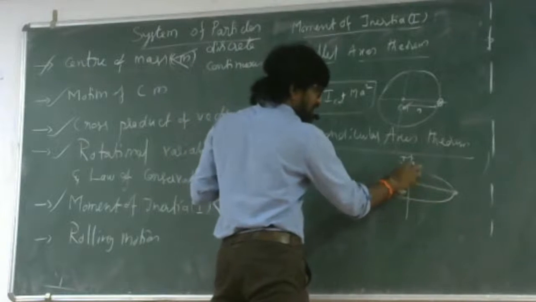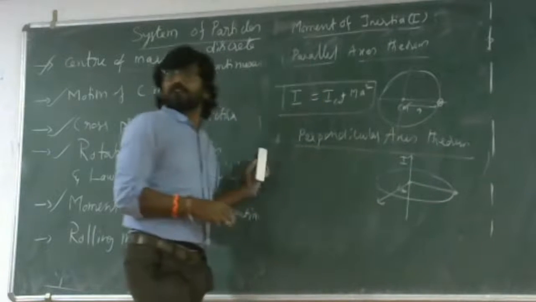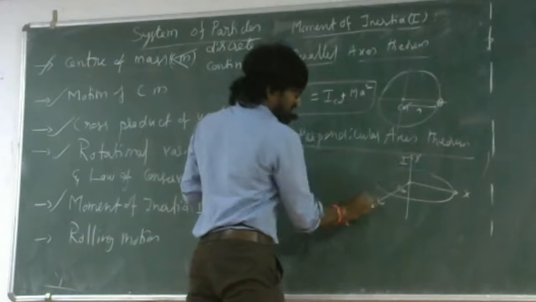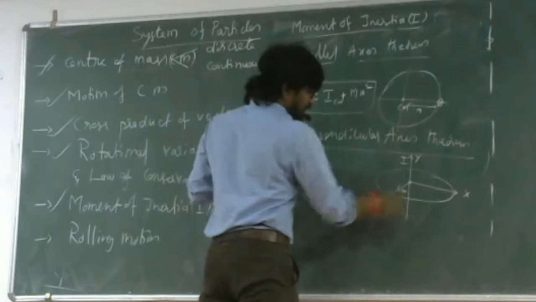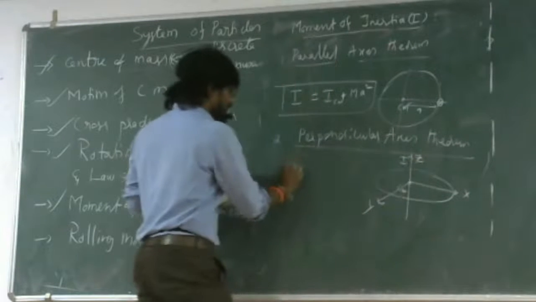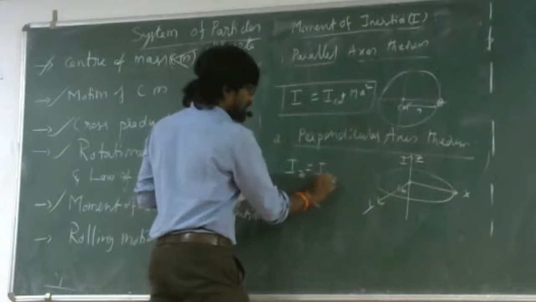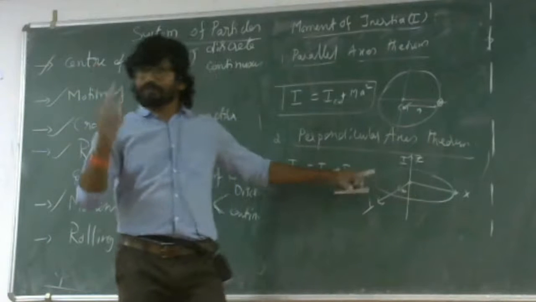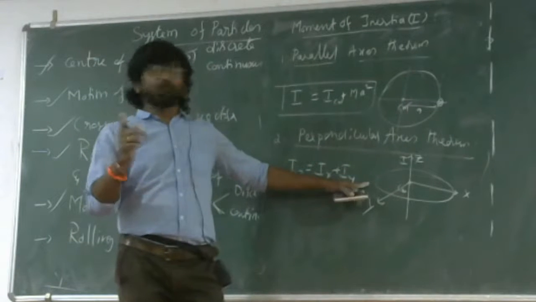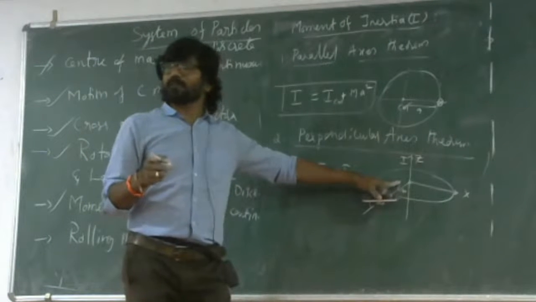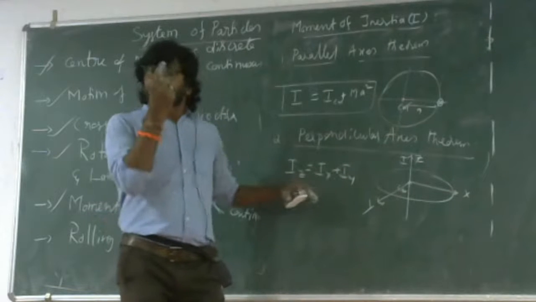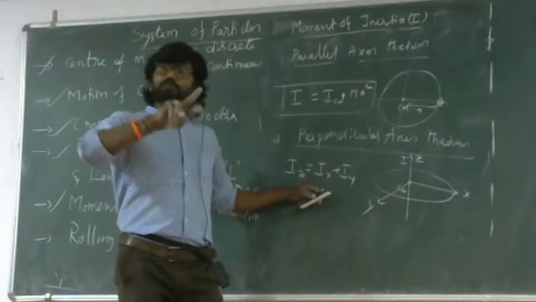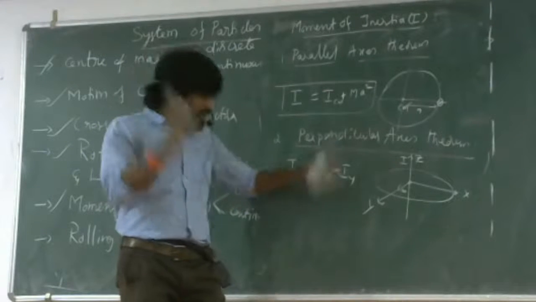You can say this is x, y or z axis, lying in the same plane. This is x axis, this is y axis, this is z axis. If x and y are lying in the plane and this is the z axis, then write Iz is equal to Ix plus Iy. That means the moment of inertia of a lamina about an axis passing through the center of mass and perpendicular to the plane is equal to the sum of the moments of inertia of the same disc about two mutually perpendicular axes concurrent with this axis.